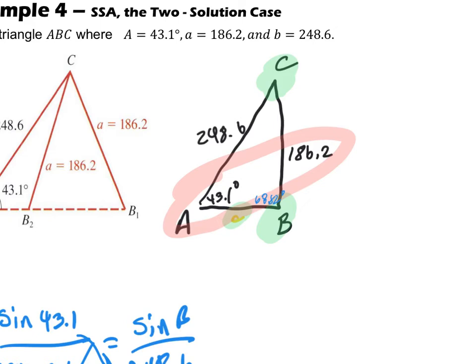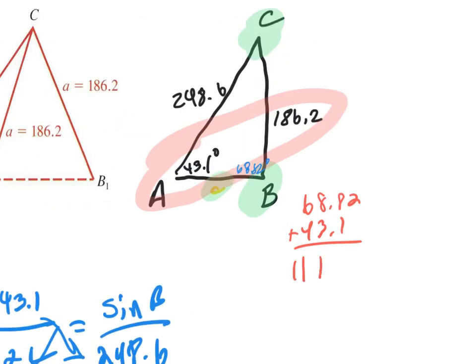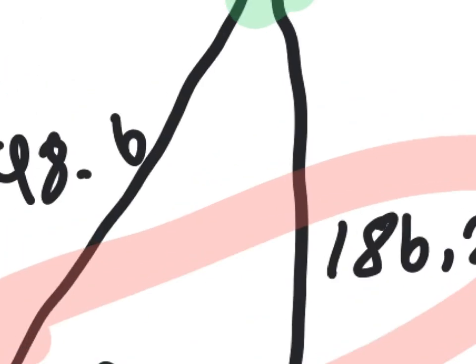Looking at the side, I would say 68.82 plus 43.1 gives me 111.92, and I would take 180 minus 111.92 and get 68.08 degrees.